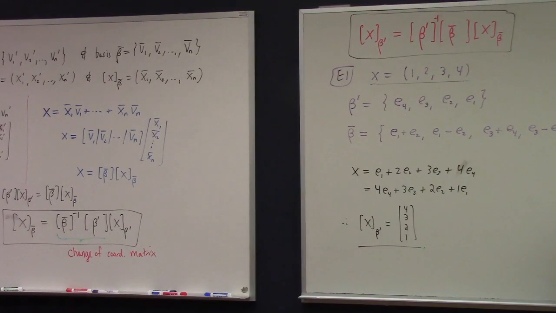Then you got to invert that thing. The beta prime matrix is simply e4, e3, so that's 0, 0, 0, 1, and so on, like that. All right. And of course this was (4, 3, 2, 1).